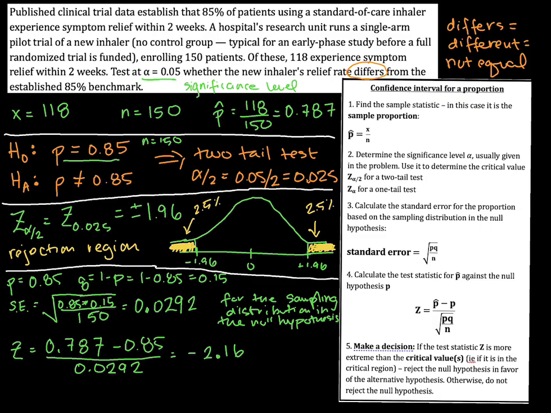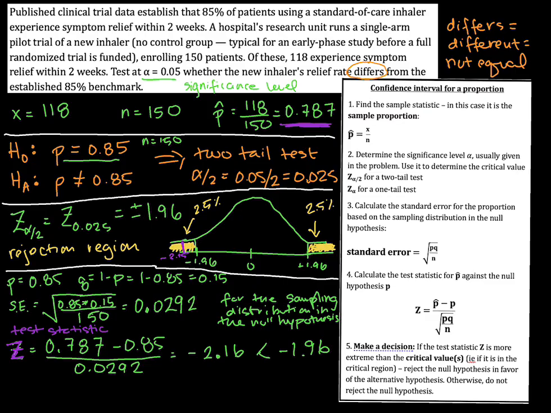That number is actually more extreme than my critical value. This z-score that I just calculated is my test statistic, the z-score based on my sample proportion. So negative 2.16 is out here, in the critical region.